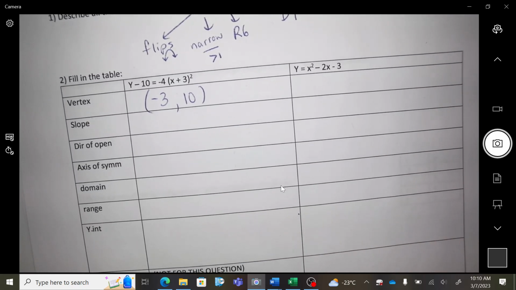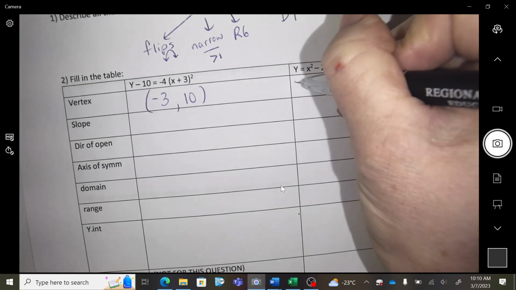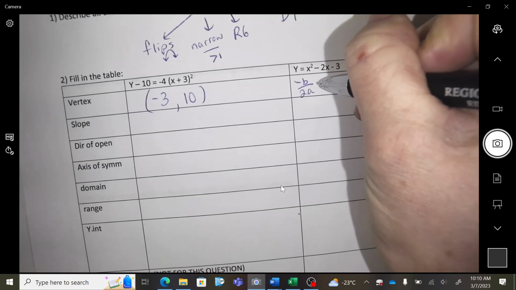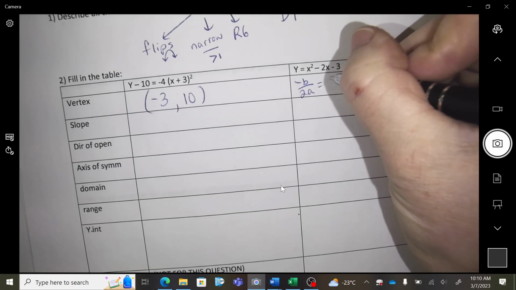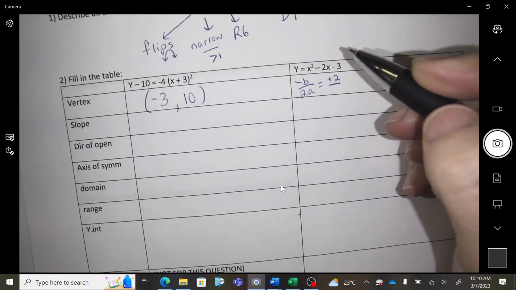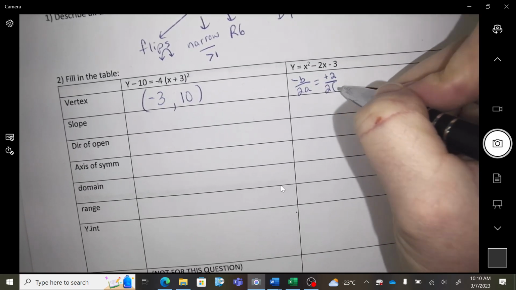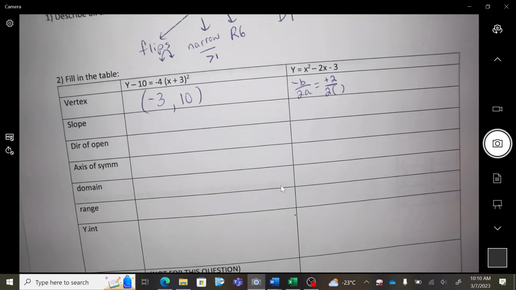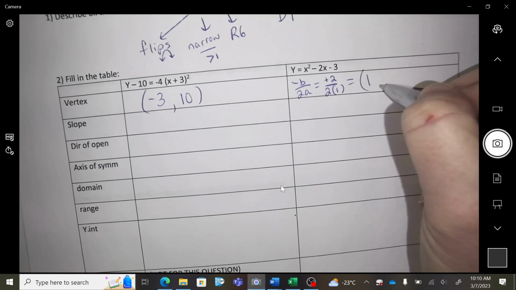Okay, when it looks like this, which is called general form, what should you do to get a vertex? -b over 2a. So -b would turn into a +2, right? The opposite of b was +2 over 2 times, what is the a number in this one? 1. So 2 divided by 2 is 1.